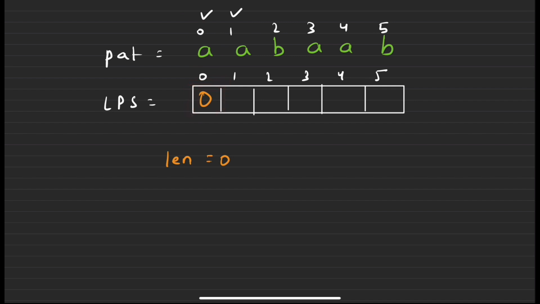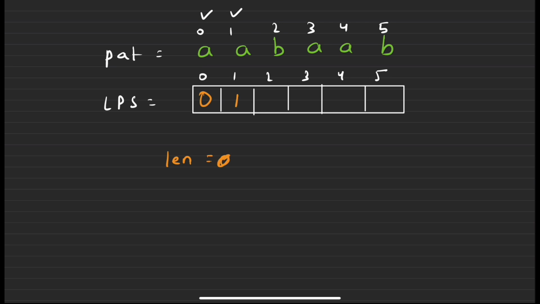Now at index number 1, the character is A, right? Now we'll check this A with this A. Now why did I consider this A? Because the index of this A is 0 and the value in our length is 0, right? So we are comparing this A with this A. Now since both of these A are equal, I'll increment the length to 1, okay?